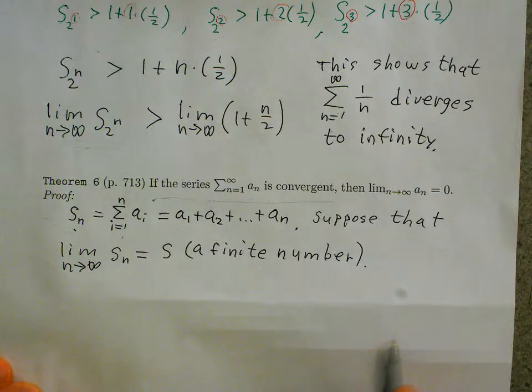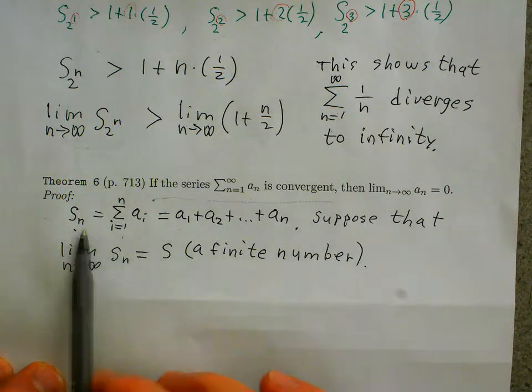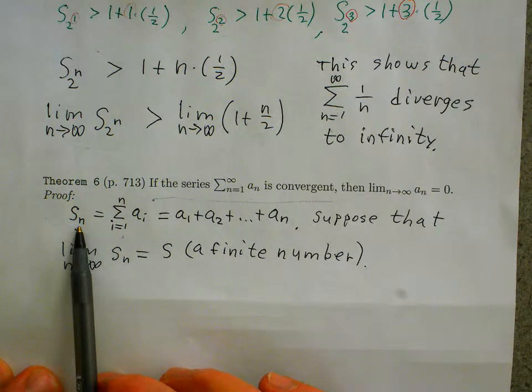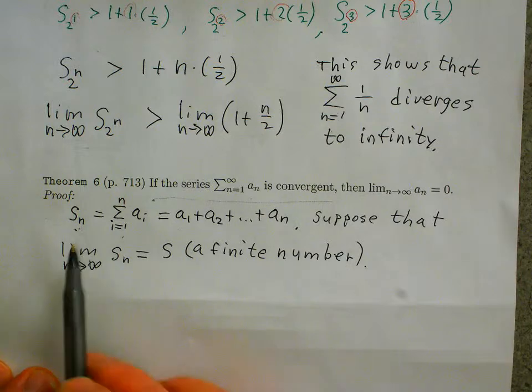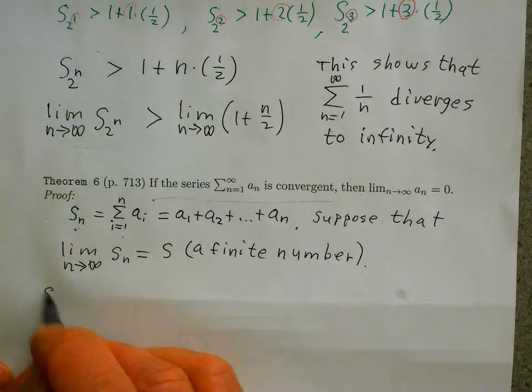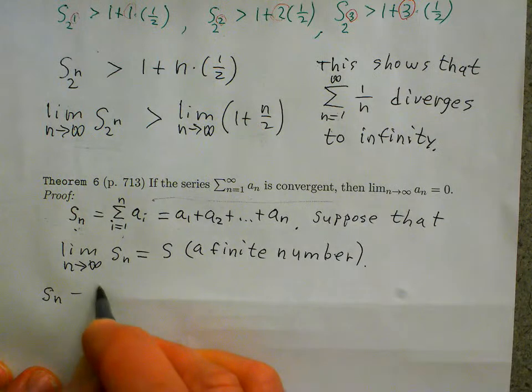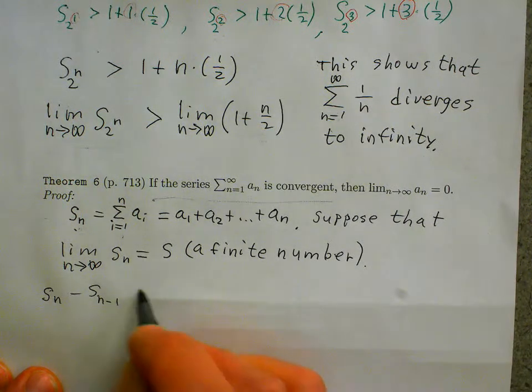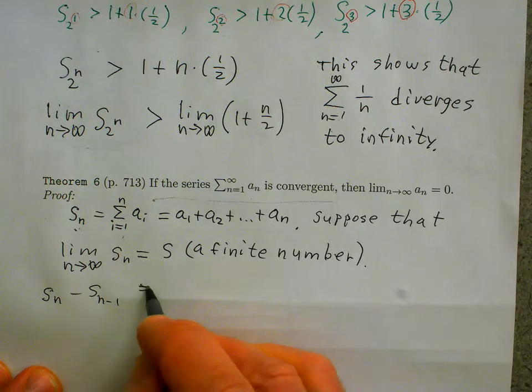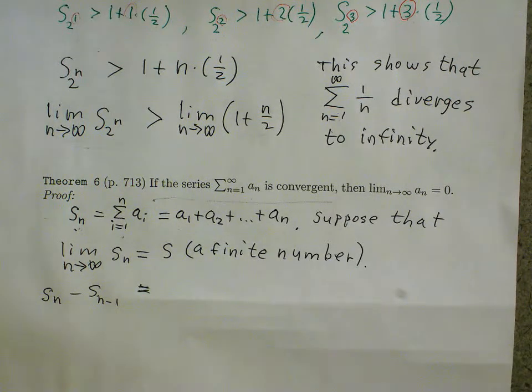Okay. Notice that S sub n minus S sub n minus 1, what's that? If I subtract the n minus first partial sum from the nth partial sum, what should I be left with?